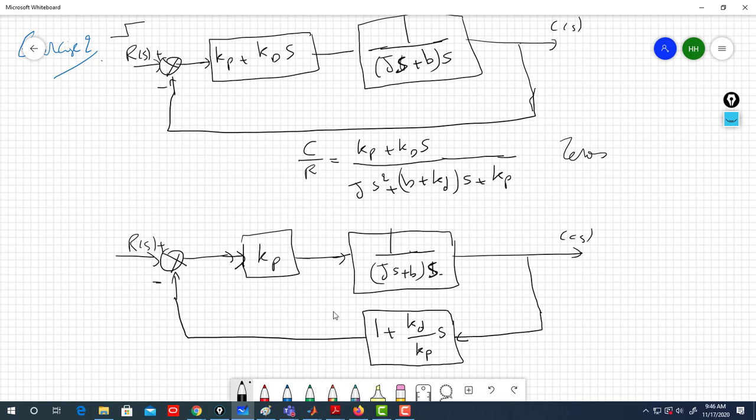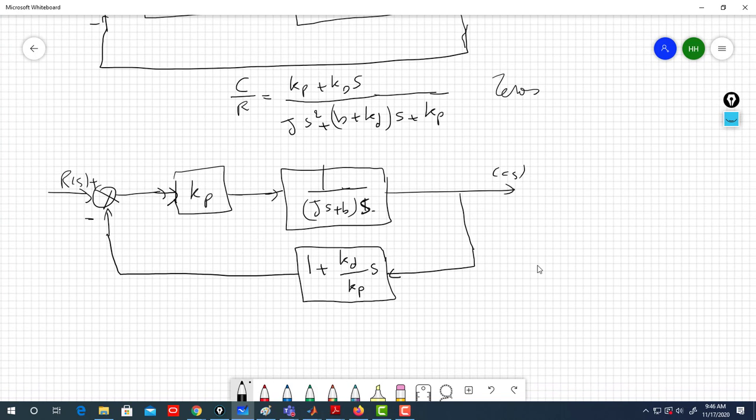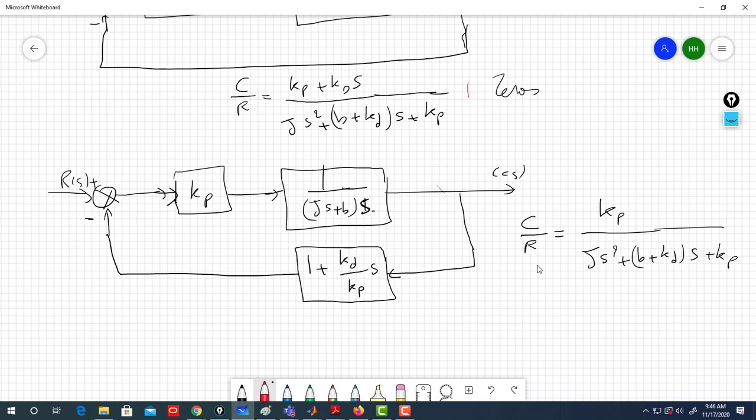And if you remember, when we computed C over R for this system, what did we find? We found the same poles but without the zero. So C over R equals KP over (JS squared plus (B plus KD)S plus KP): same poles, same characteristic equation. So here is the system with a zero, here is the one without a zero.